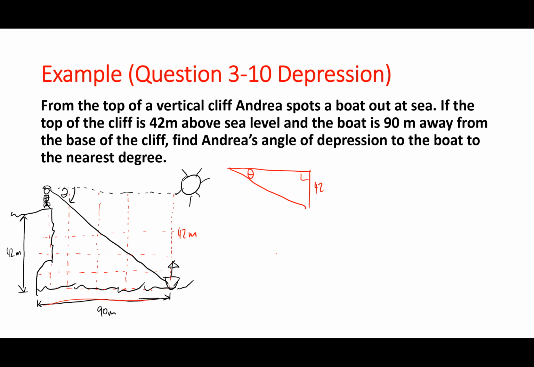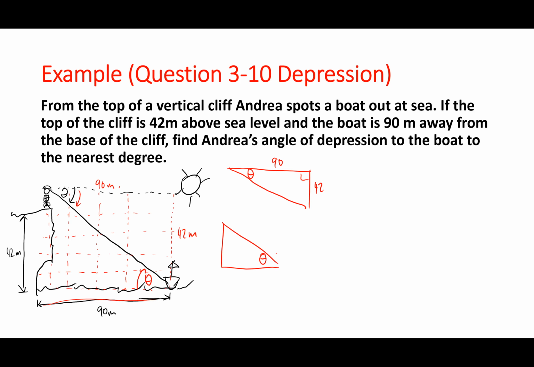The other way to do this one is to remember that this angle of depression, her looking down at the boat, is the same as if the boat was having to look up at her. And so the other triangle that you could draw would look like, theta in here, 42 over here, and 90 here.